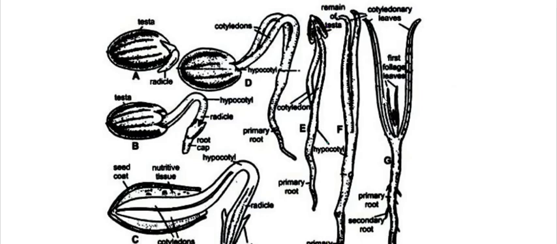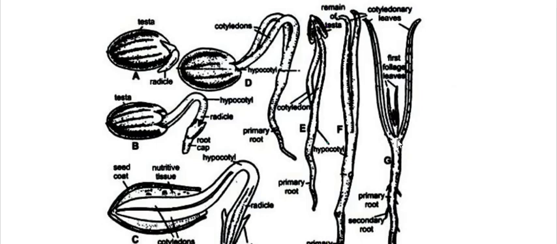And when these cotyledons become free, then in the axils of these cotyledons, the cotyledonary leaves, here the epicotyl is present, and in this epicotyl region the plumule is developed, and from the plumule the shoot apex is produced from which the first foliage leaves are produced, and the primary root develops from which the secondary roots are developed.